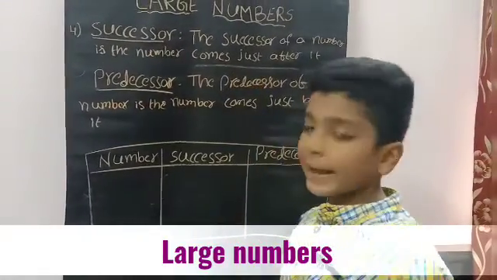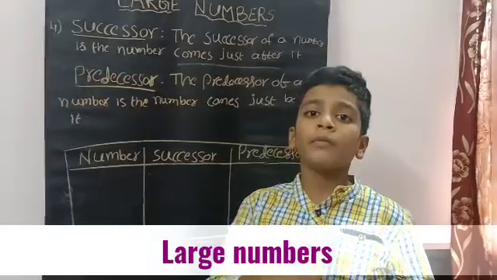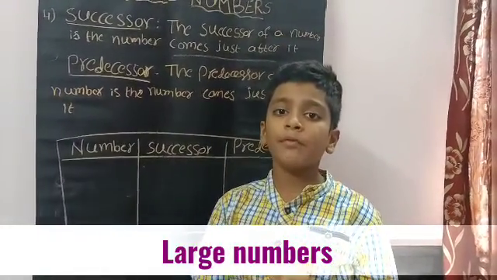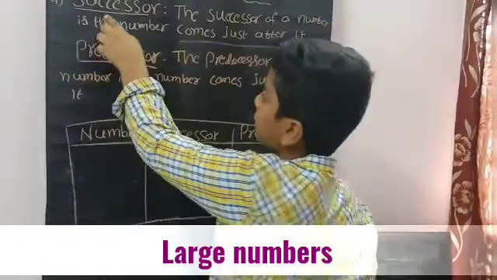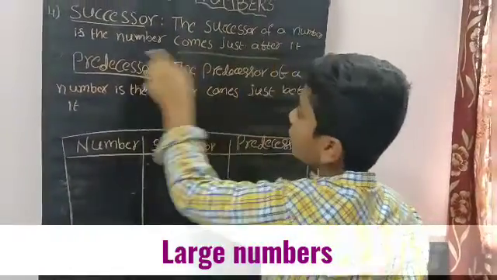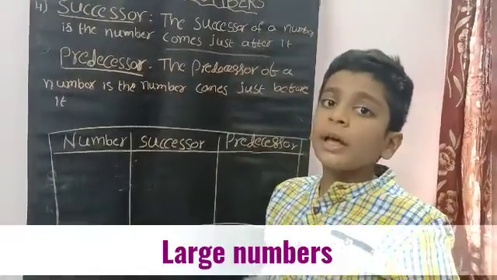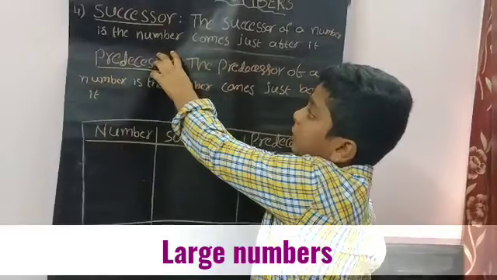Means take any number and after that, what number will come? If we add 1, the next number will come. So the successor of a number is the number that comes just after it.